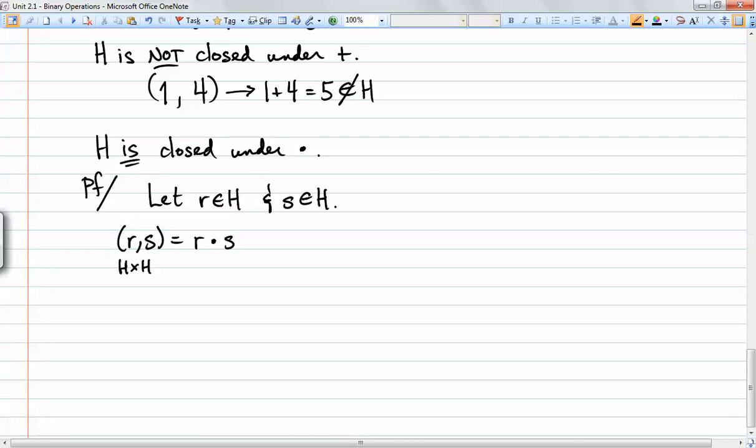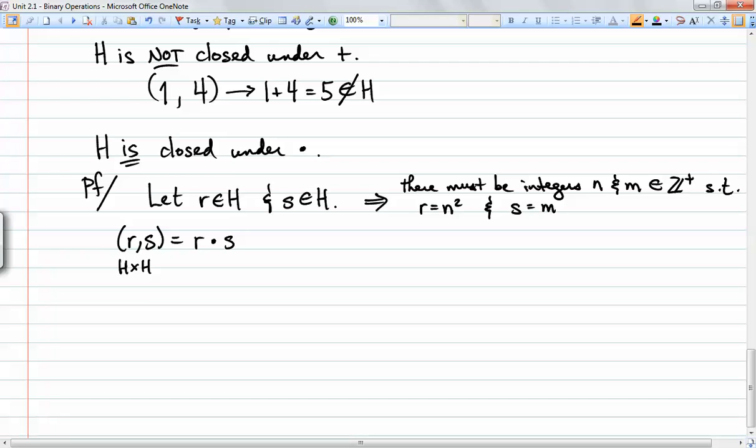Since R is in H and S is in H, that means that there must be integers, let's say n and m, in Z plus, such that R equals n squared and S equals m squared.